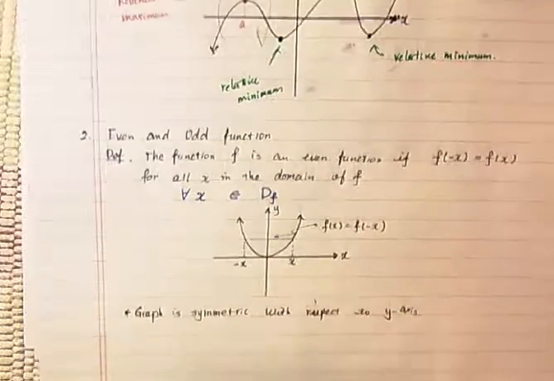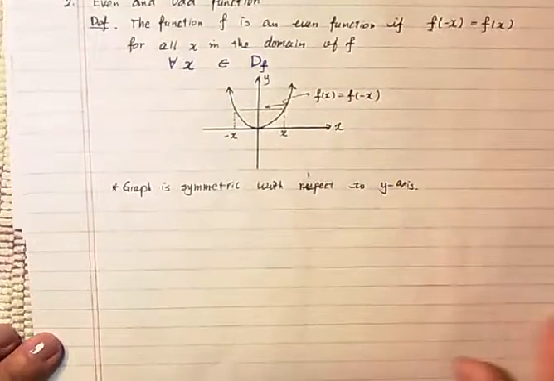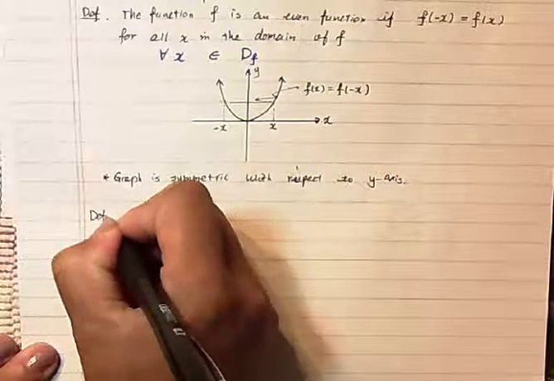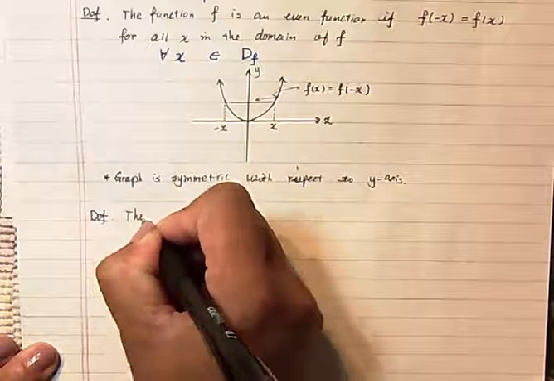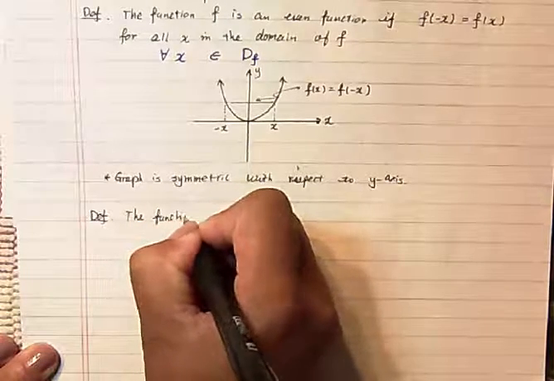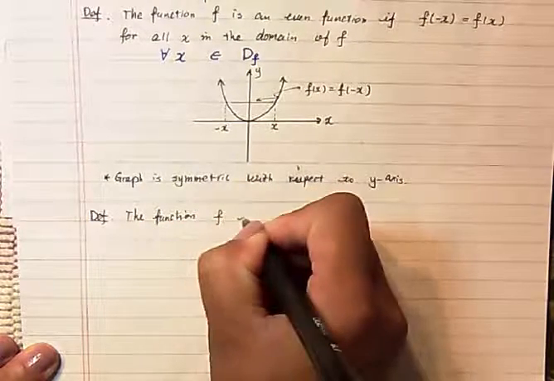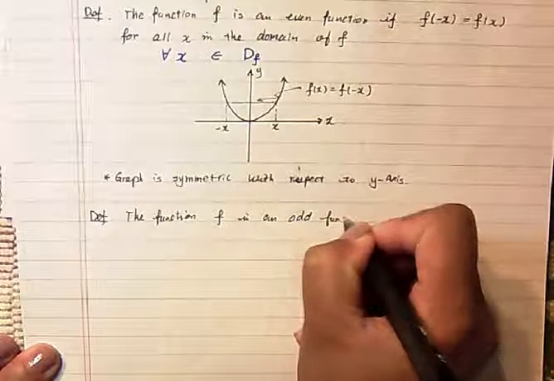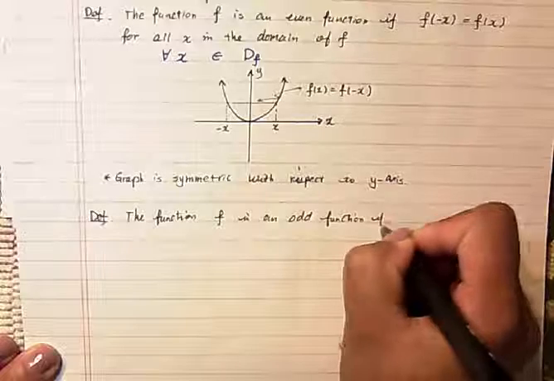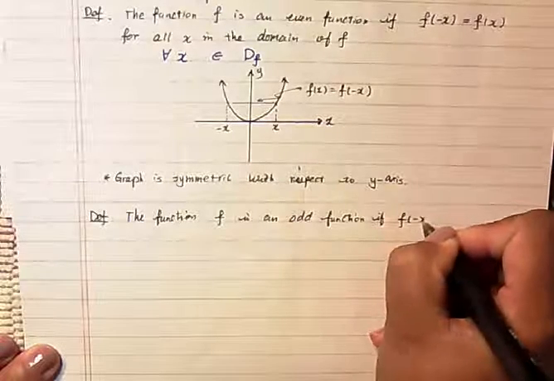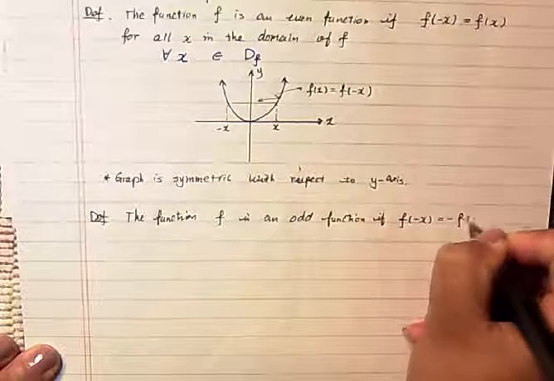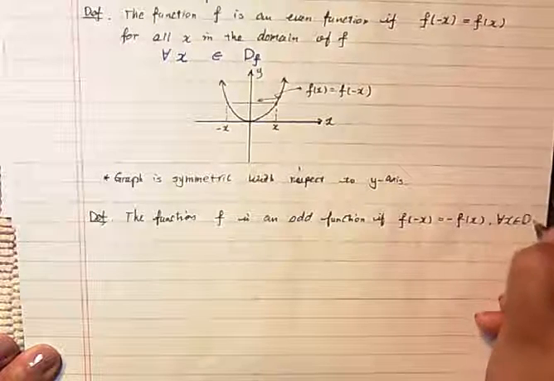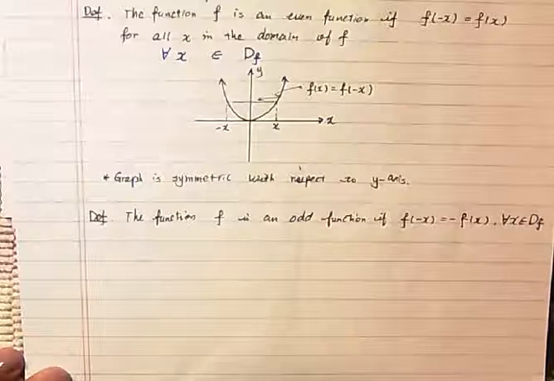Similarly, if we take a look at odd functions, the definition is the function f is an odd function if f of negative x is equal to negative f of x for every x belonging to the domain of function f.